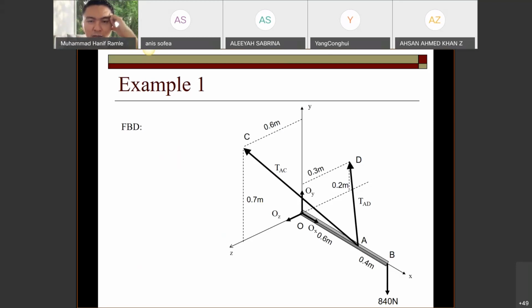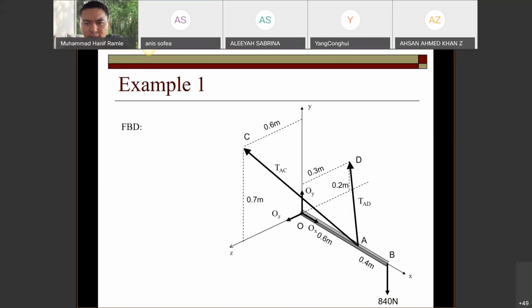You have to determine TAC and TAD in terms of IJK form. Because this is 3D, you have to make sure that the equation is in IJK form, for all of them: for 840 Newton, for TAC, for TAD, and also for the reaction at O.